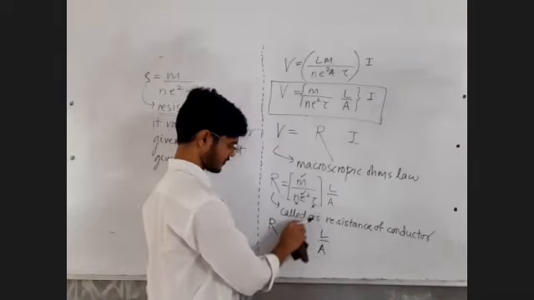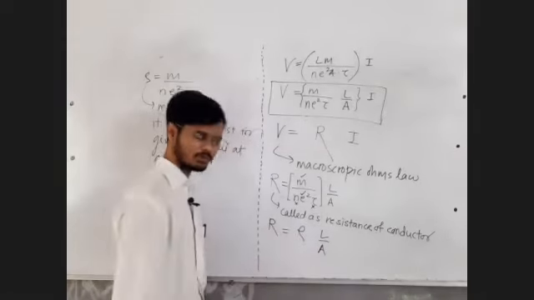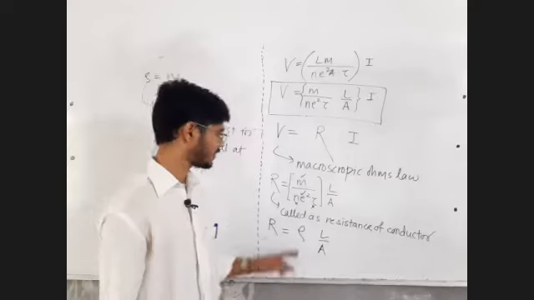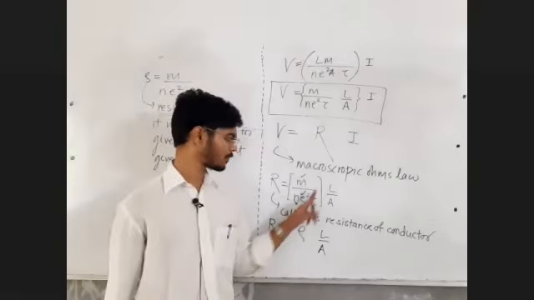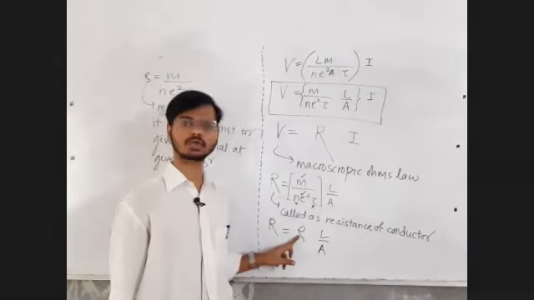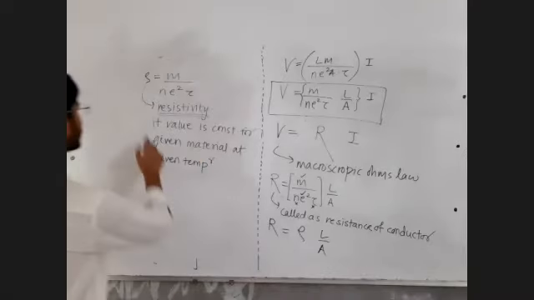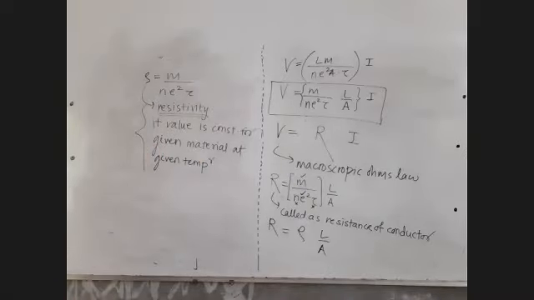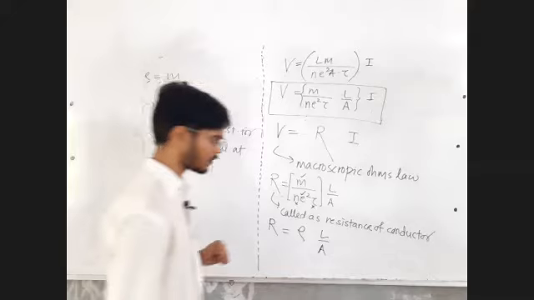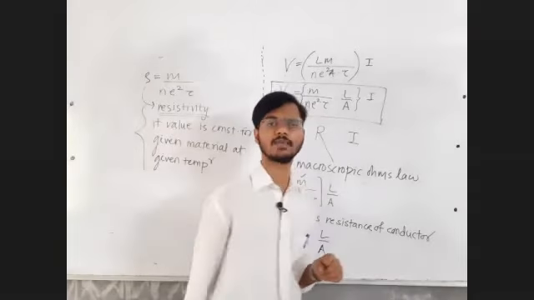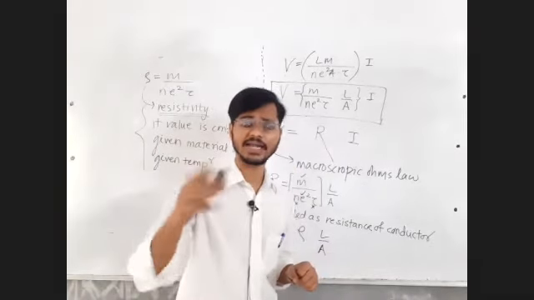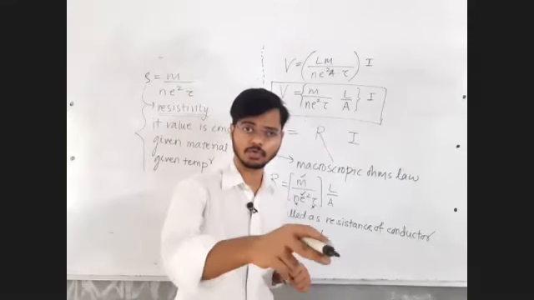Tell me, will this rho depend on electric field? Obviously, why not? Tau depends on electric field means rho depends on electric field, means whatever you have written will not be true for high values of electric field. For extremely high values of electric field, even the dielectrics will break down. Even the current will flow through the insulators.